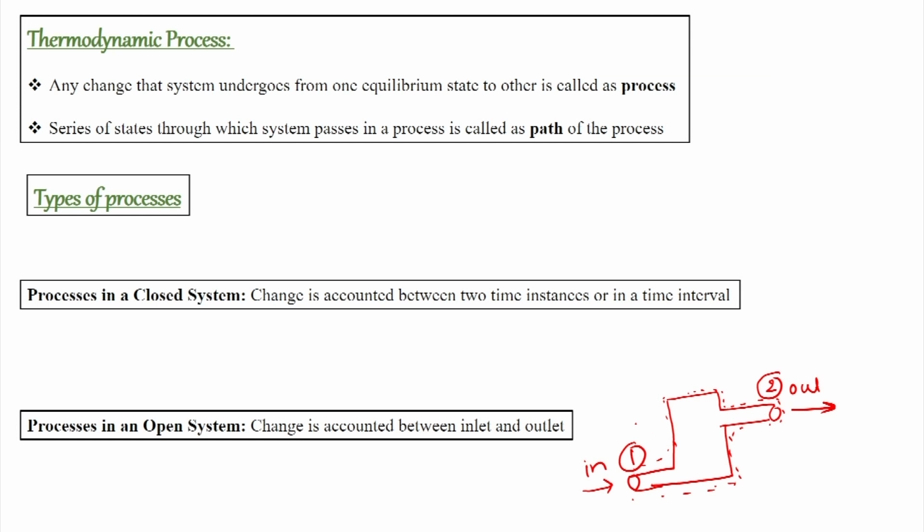So while considering processes in an open system, we look at two different stations at the same instance, at two different locations.